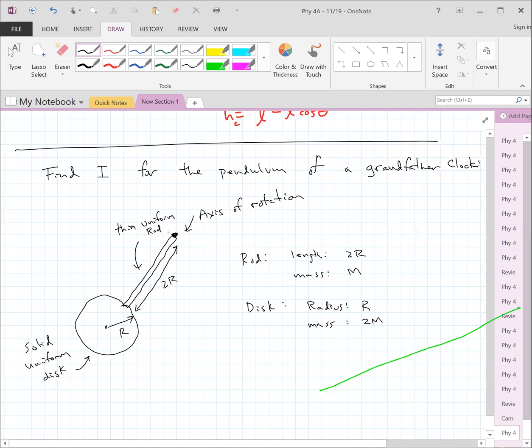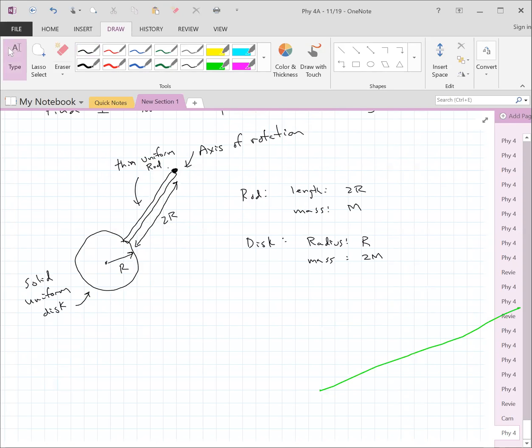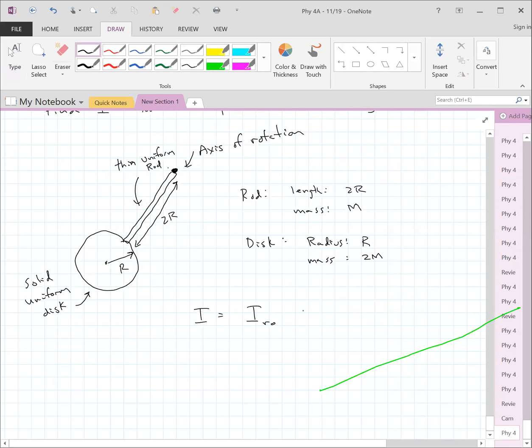Okay, so think about how you would find the rotational inertia of this object. You would add up the rotational inertias of the shapes that make it up, right? So we've got I for the rod plus I for the disk, and that's how we would get it.